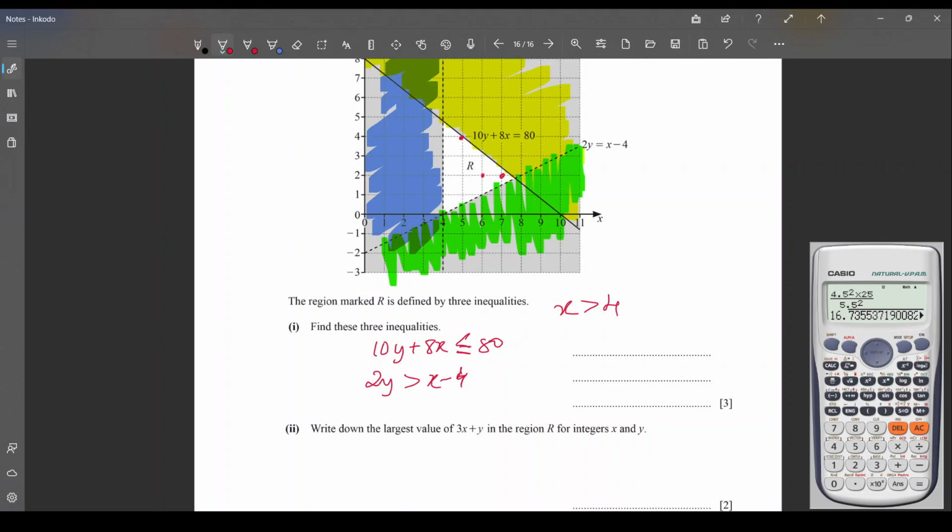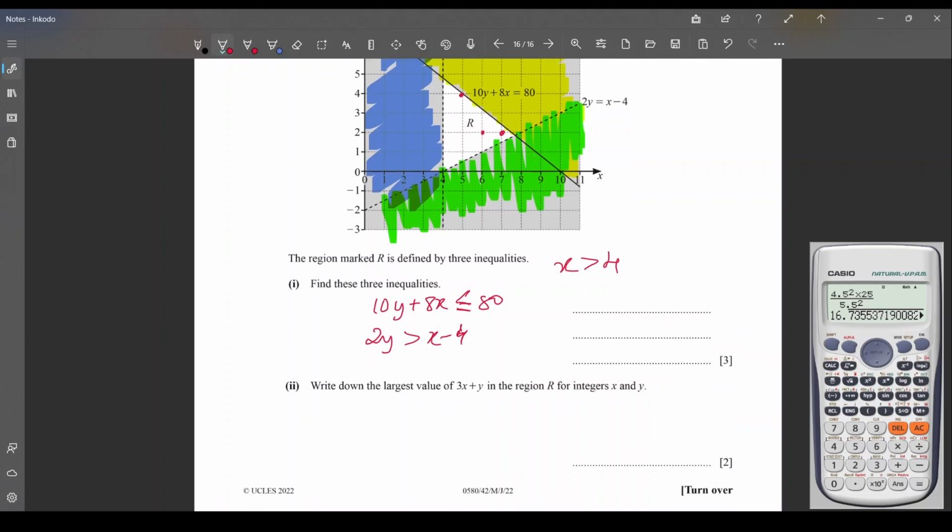So if we are taking the coordinate 5 comma 4, we'll be putting the value of x and y in this, so 3 into 5 plus 4, 15 plus 4 is 19.